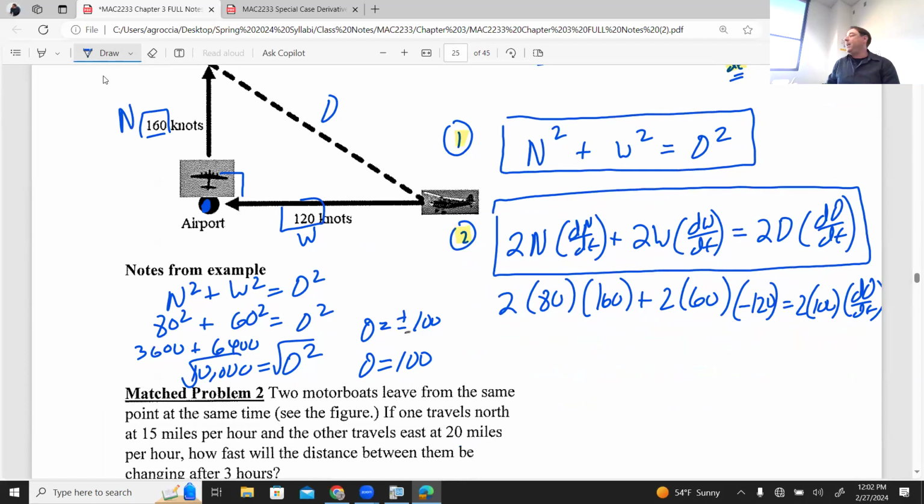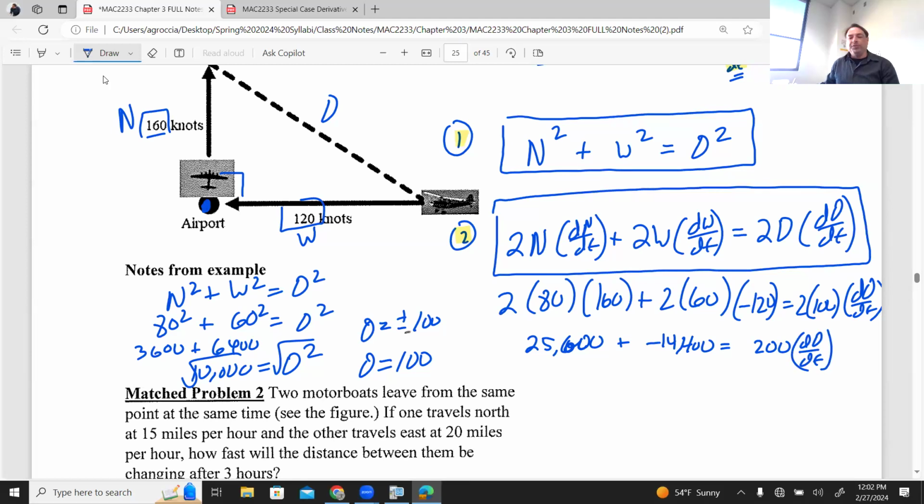Okay, so now I can start solving this. If I multiply the first 3, that gives you 25,600. If I multiply the next part, that gives you negative 14,400 equals 200 dd over dt.